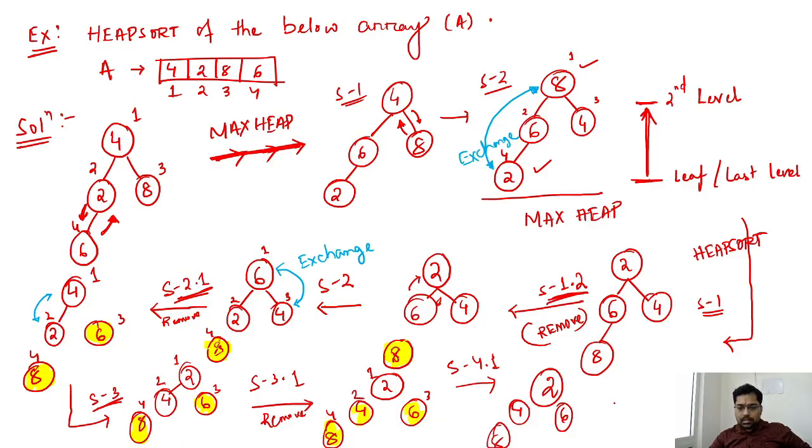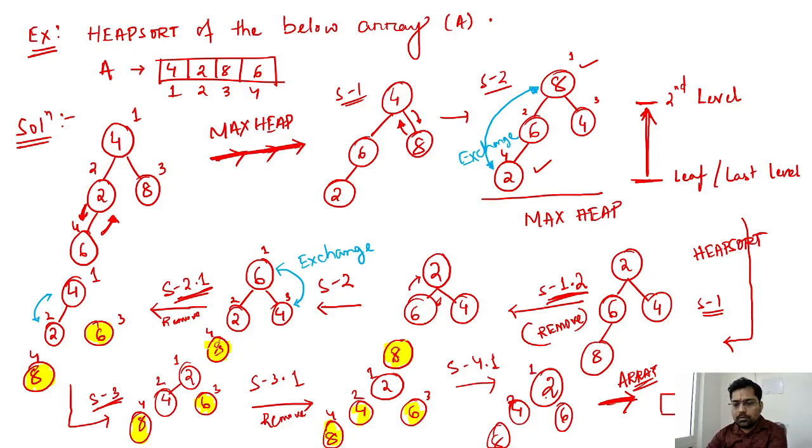All have been deleted. Now after that you have to follow the array. That array is your heap sort. So I'm just writing that one. This is what a heap sort is. 1, 2, 3, 4.